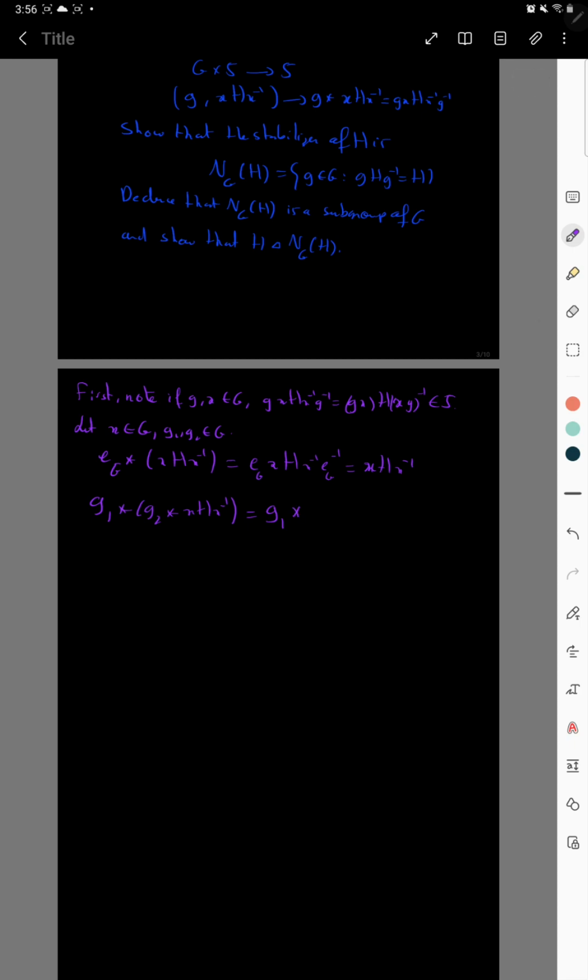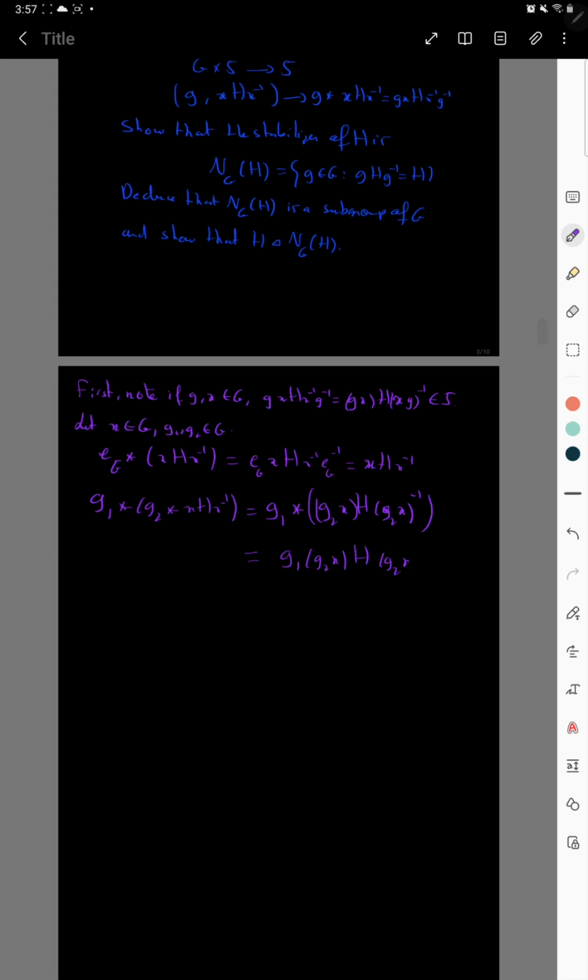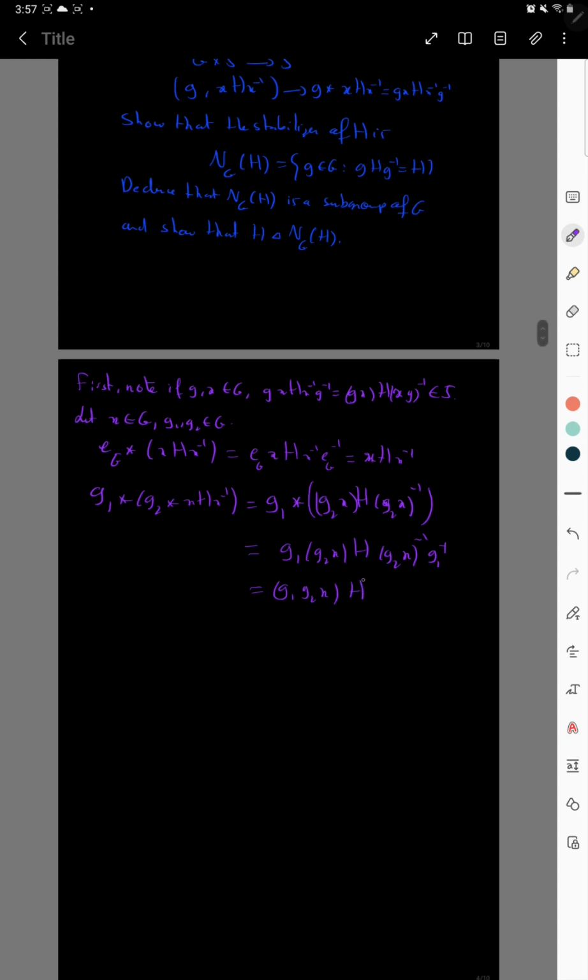This is just g1 star of g2xH(g2x) inverse, which is g1 g2x H (g2x) inverse g1 inverse, or in other words, this is just g1g2 x H x inverse (g1g2) inverse.